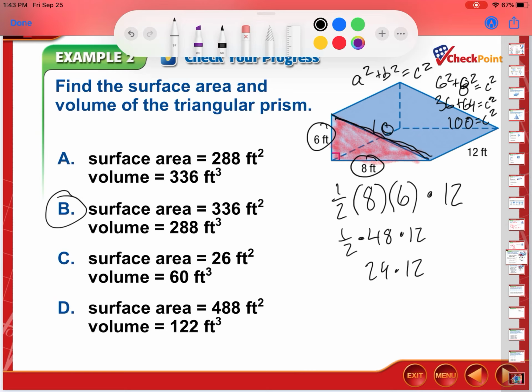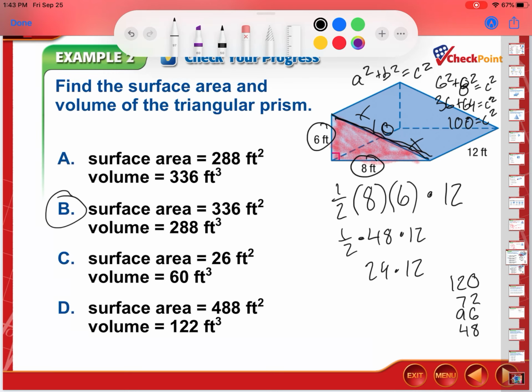And then we could find 10 times 12 is going to be 120, plus 6 times 12 for this side back here is going to be 72, plus 12 times 8 for the bottom here, which is 96, plus the area of two of my bases, which is 24 each, so plus 48.